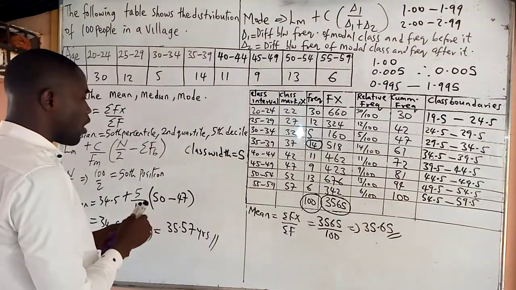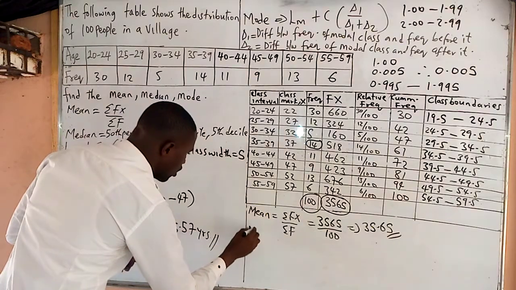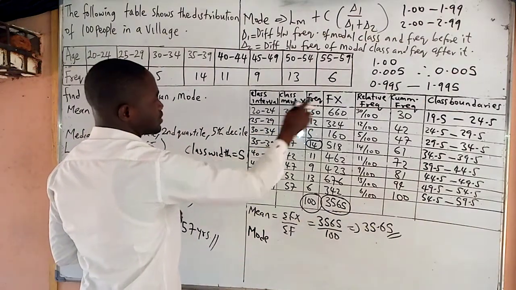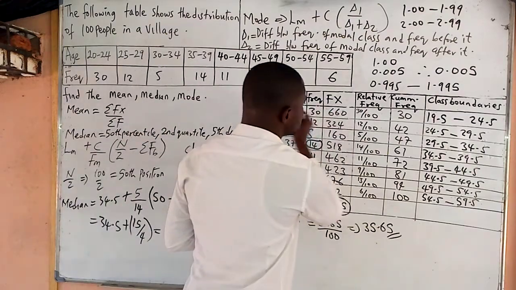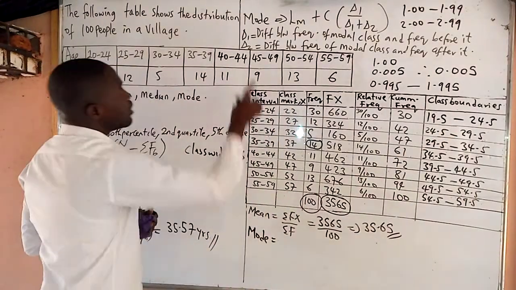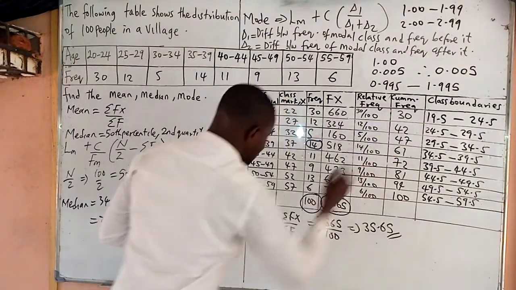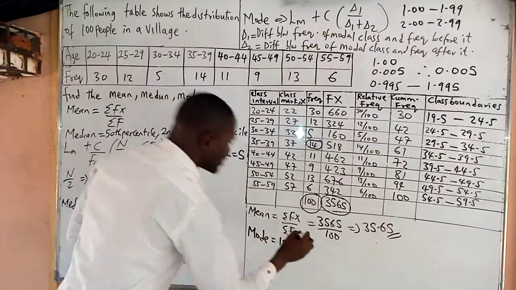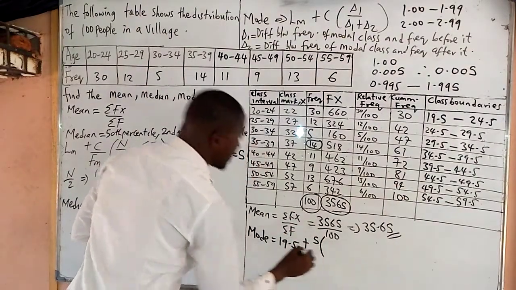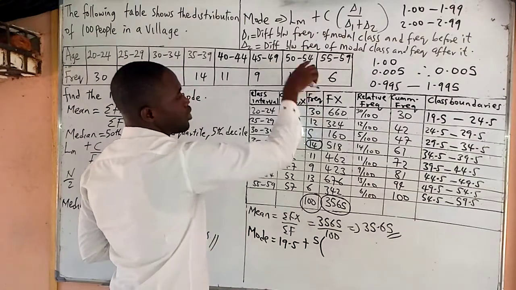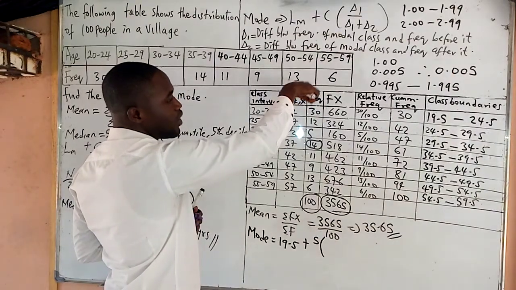Now we go for mode. Mode, highest frequency occurrence. What is the highest frequency? 30. The first row will be your modal class. Now mode is LM, that is 19.5 plus, what is our C? 5, bracket change in 1, that is 30 minus. Do we have frequency before 30?